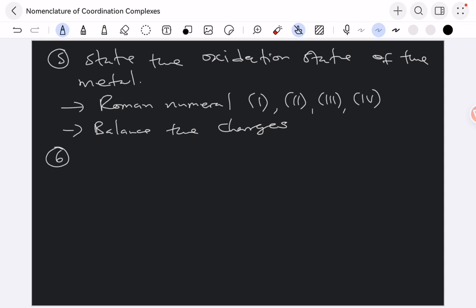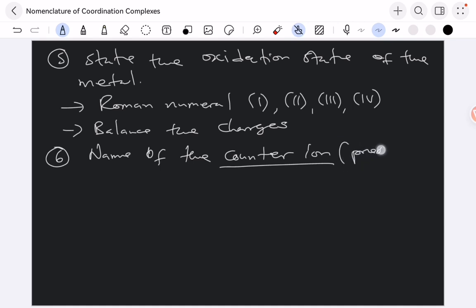Step 6, name the counter ion, which is outside the coordination sphere, if it's present.